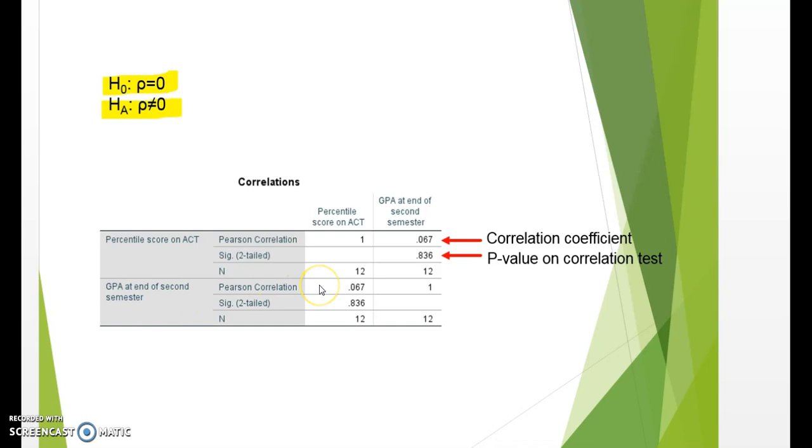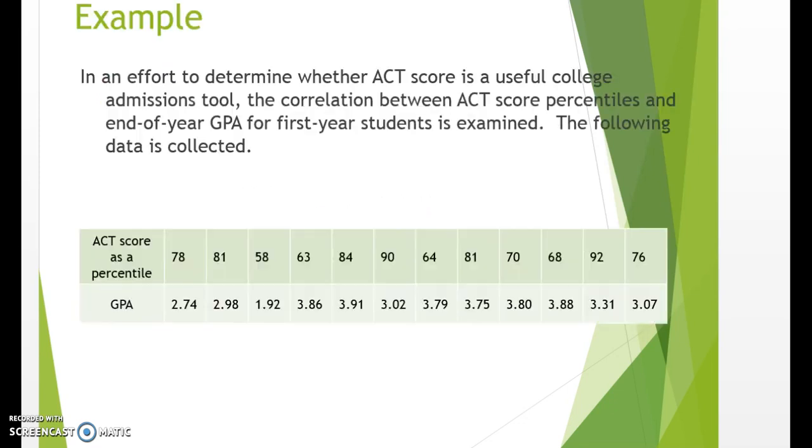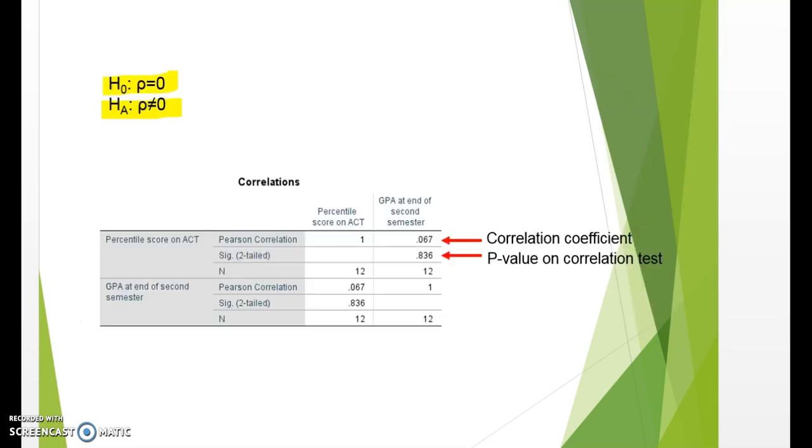So going back to this table, let's explain some of the numbers. What do they represent? N represents sample size. There are in total 12 student scores being investigated, so the sample size is 12.